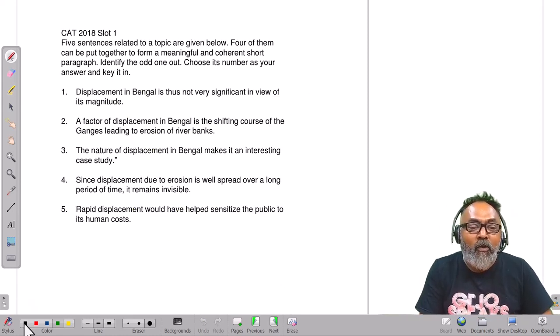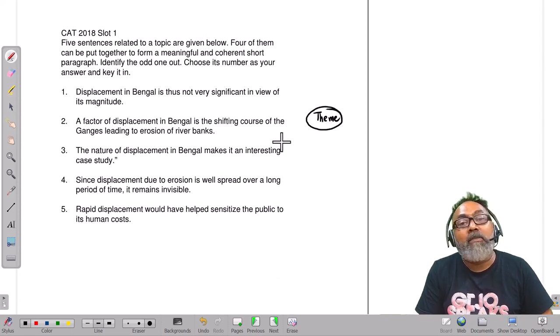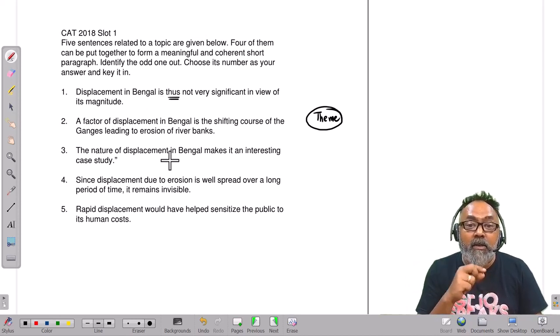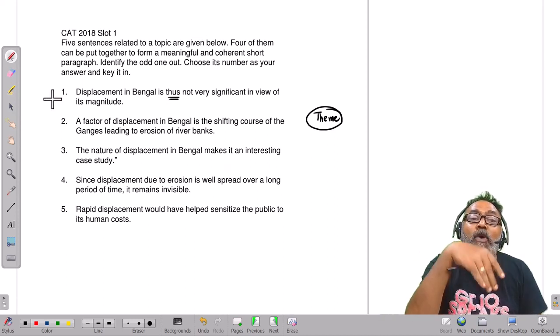But we know that there is a theme. 4 of them would be aligned to the theme. Let's figure out the theme. Displacement in Bengal is thus not very significant in view of its magnitude. I can see the word thus. This one will be an interesting sentence because we can relook at whether one needs some sort of connection.